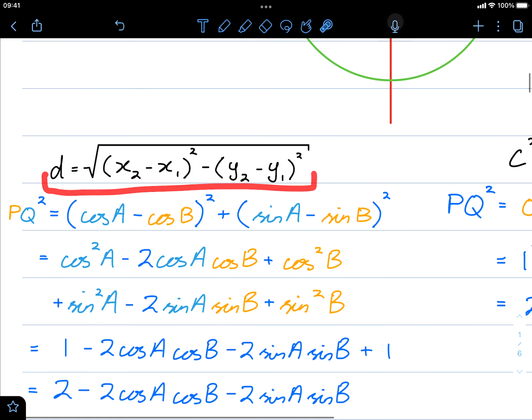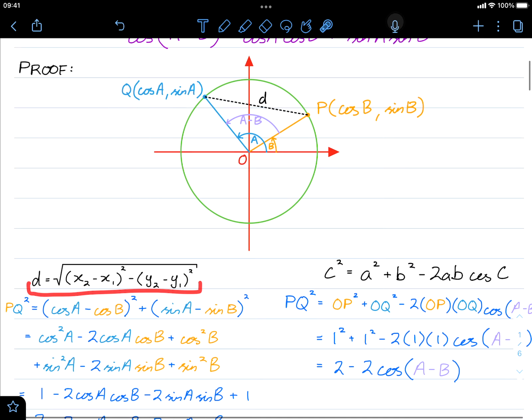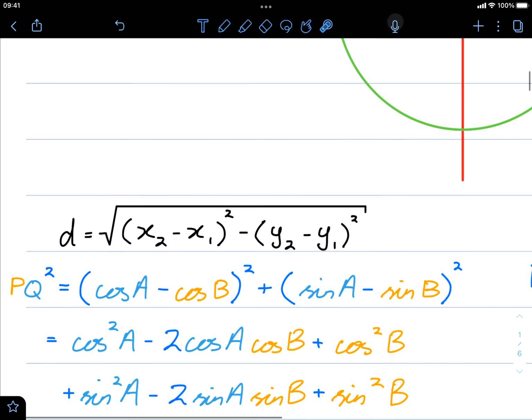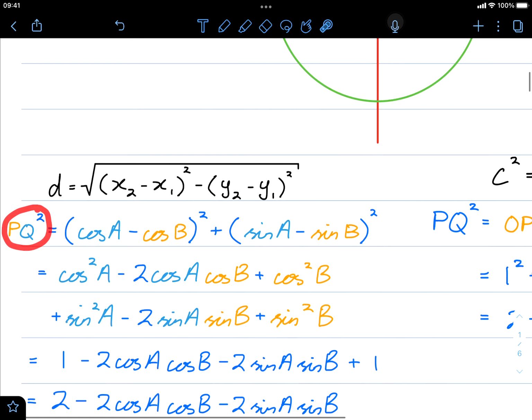We let x2, y2 become cos A, sine A, and x1, y1 are cos B, sine B. Since this is the distance D, it's actually looking for the distance from P to Q, hence why PQ. To simplify this, we get rid of that square root by squaring both sides. So we're looking for PQ squared, and after substituting all of the points, we get this expression.